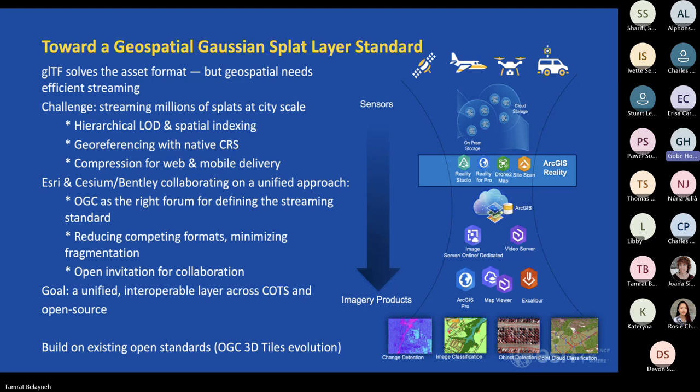We have the experience of dealing with hierarchical LOD and spatial indexing, never forgetting that georeferencing, the native location information, is really key. But the other concerns, compression and web and mobile deliverability, are also key. Those are also present in other ecosystems. So just understanding that and working with allies, if you will, it's the same problem whether you're trying to show a Tiffany lamp in an IKEA demo or working with city-scale content in geospatial.